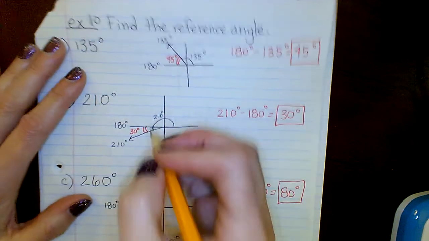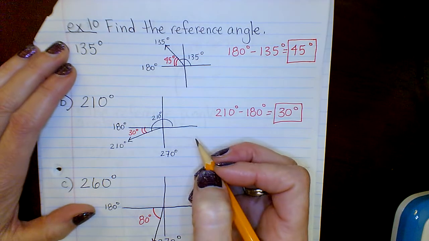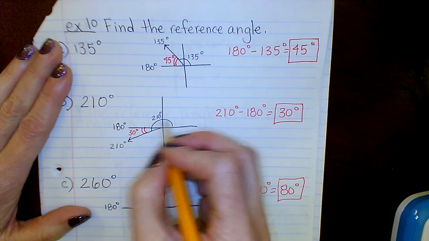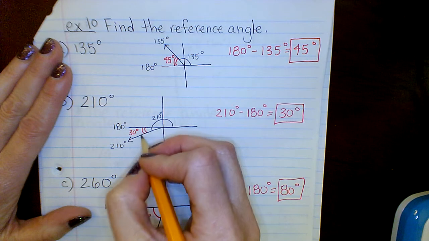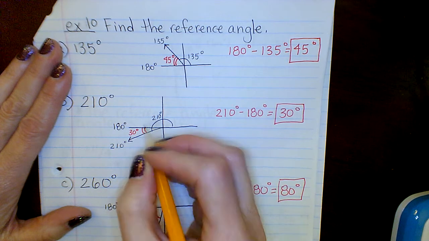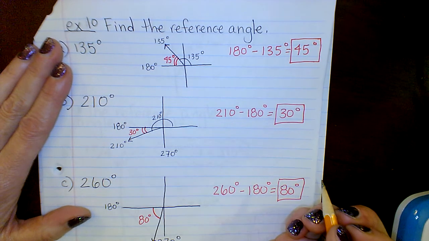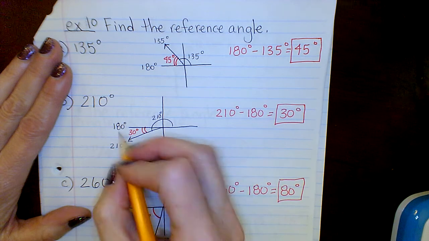210 degrees, that terminal side lies in quadrant 3. So it's down here. Now, the closest x-axis, again, is this negative x-axis. So this little angle right there is my reference angle. Now, how did I know that was 30 degrees?